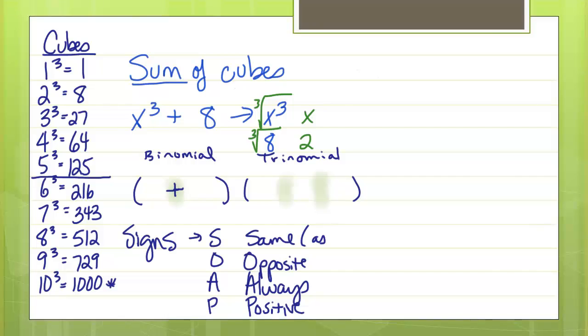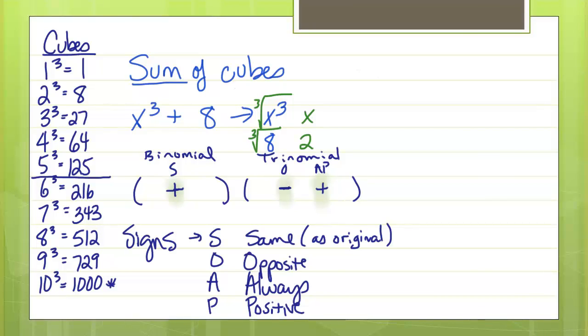Same as the original. Original was plus, this is going to be plus. Okay, the next blank that I'm filling in there is going to be the opposite sign to what I just wrote, and this one is always positive. So same, opposite, always positive. So that took care of the sign part of it.